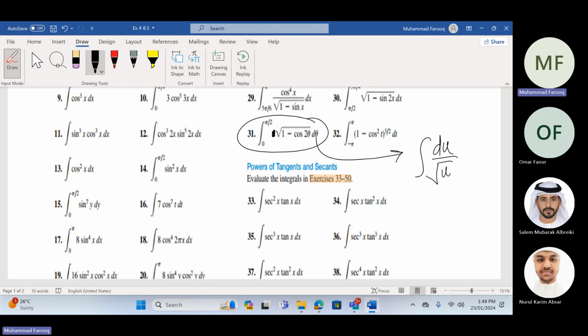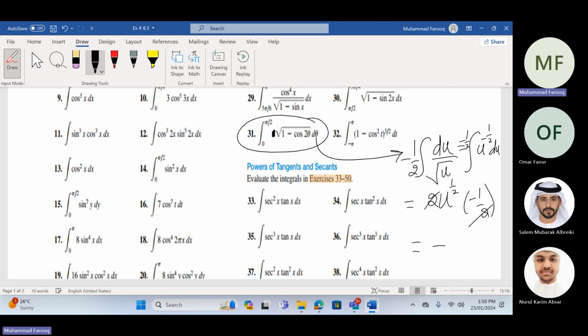For the sake of integration, take it up: it becomes negative half plus 1, divided by negative half plus 1, so u to the power half divided by half. We already have minus 1 over 2, which cancels out.